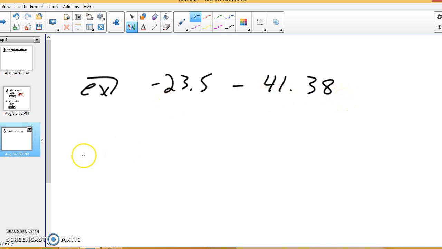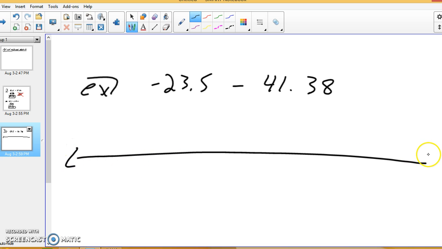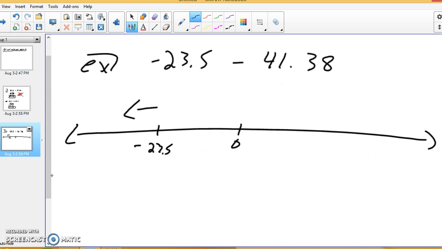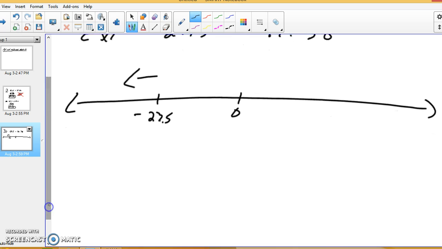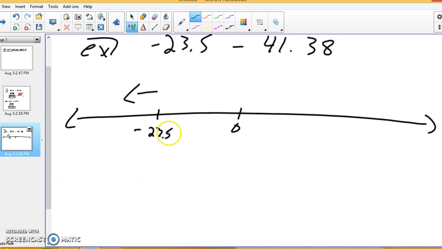So we remember on our number line, we have a negative number over here, 23.5, and we're subtracting a positive number, that means we're going in that direction. So our negative number is going to get smaller, but the actual number itself, 23.5, is going to be increasing.